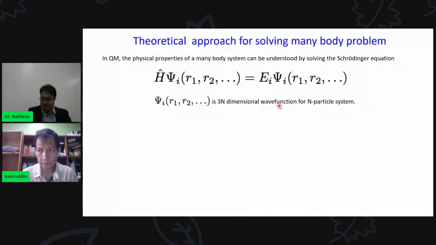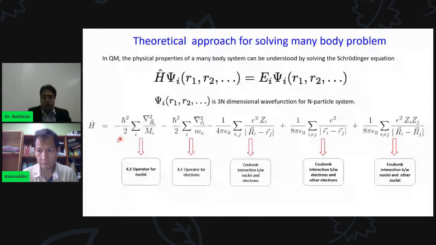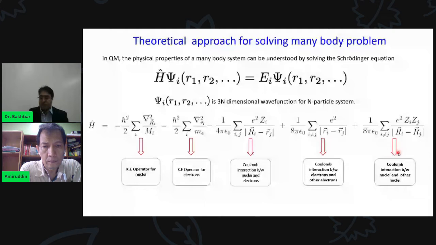And H here is the Hamiltonian, which has several components: the kinetic energy operator for nuclei, the kinetic energy operator for electrons, the Coulomb interactions between nuclei and electrons, the Coulomb interaction between electrons and electrons, and the Coulomb interaction between nuclei and other nuclei.